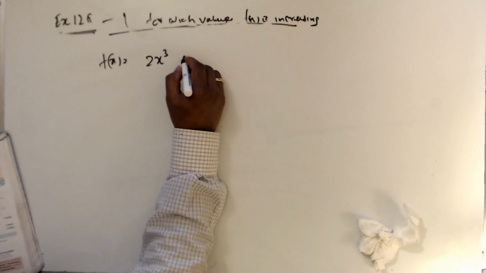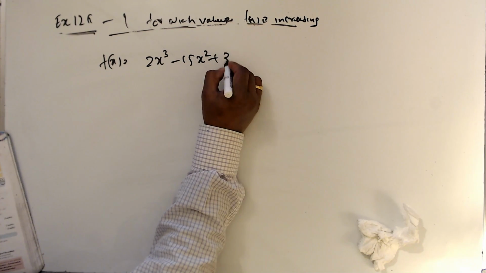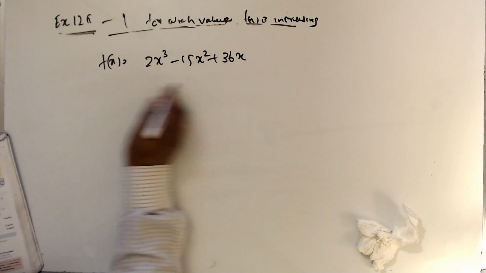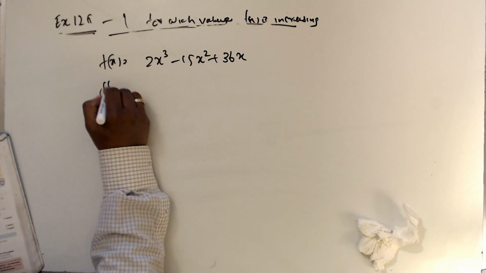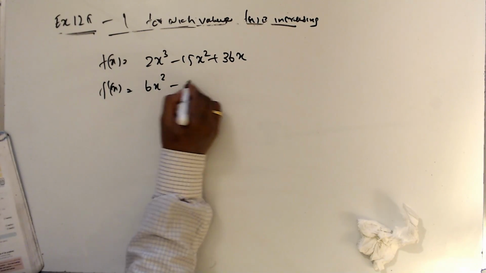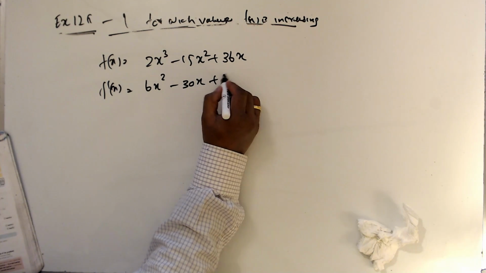Now the function is 2x cubed minus 15x square plus 36x, and we'll find f dash x. This is going to be 6x square minus 30x plus 36.